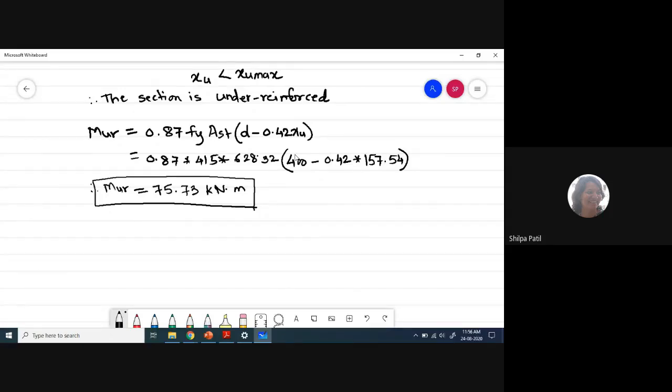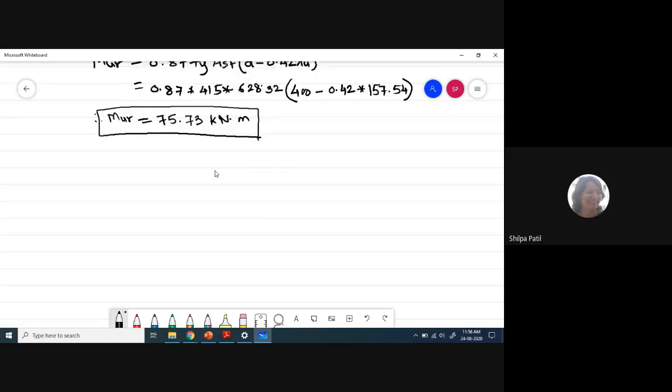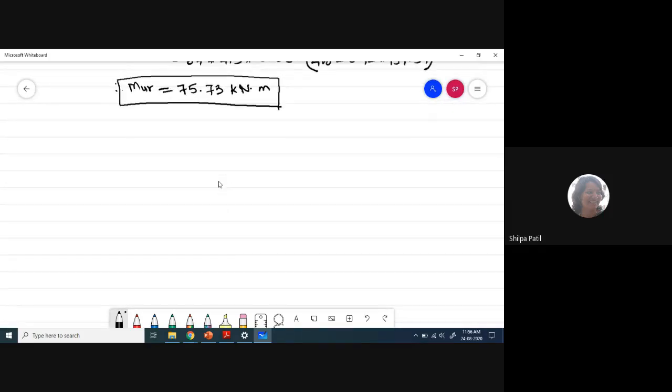Now in the same fashion, you can solve part B also. So all of you just start solving the next part. I am not going to write all the steps here. For case number 2, the AST value is different because the number of bars and the diameter are different.